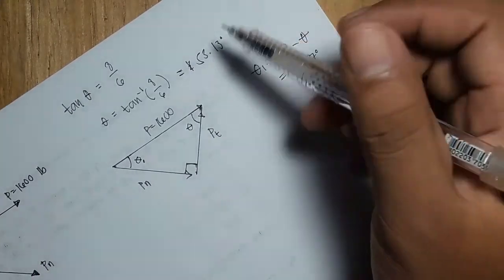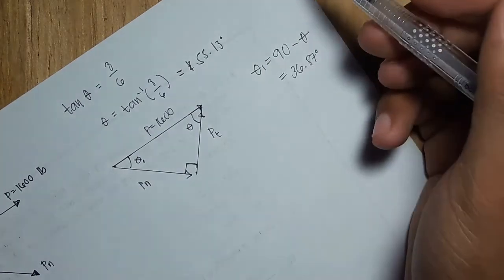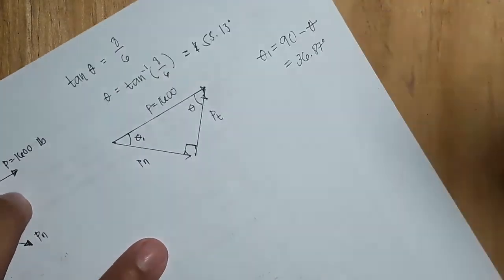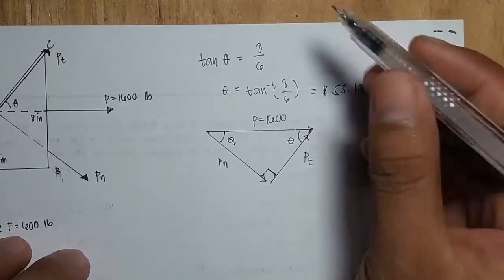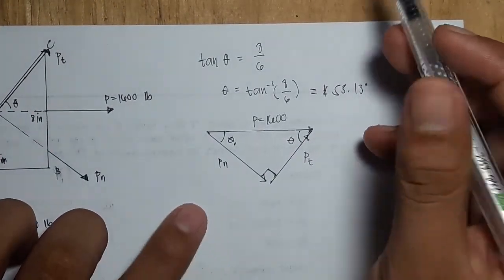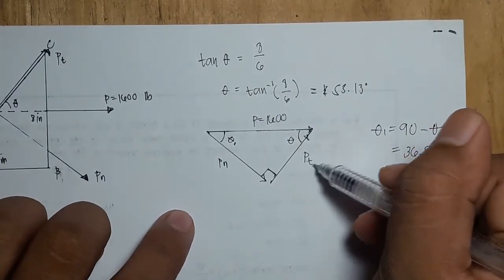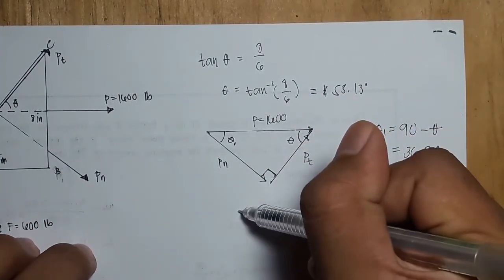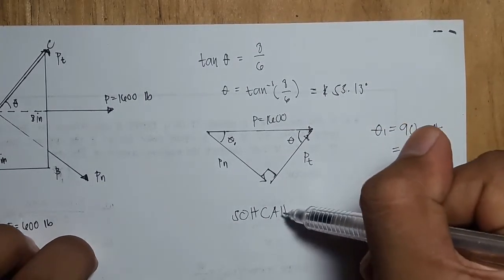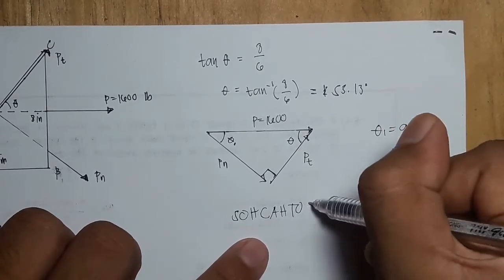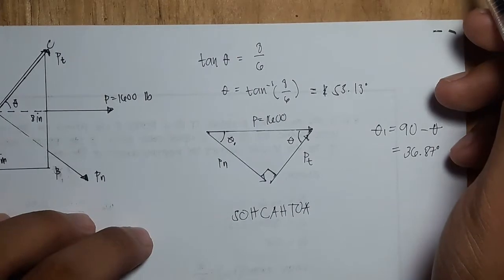By solving for the tangential force, if you are used to sine and cosine functions, you can easily solve for these two unknowns. I always write this somewhere on the paper so I will not be confused.